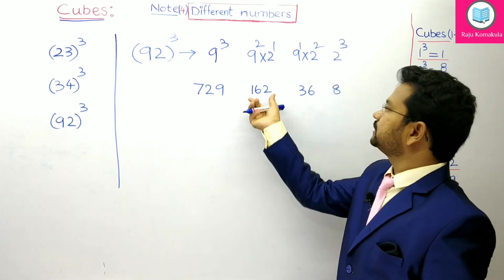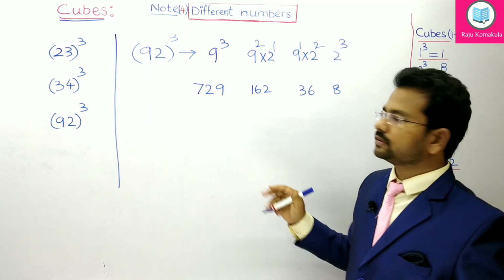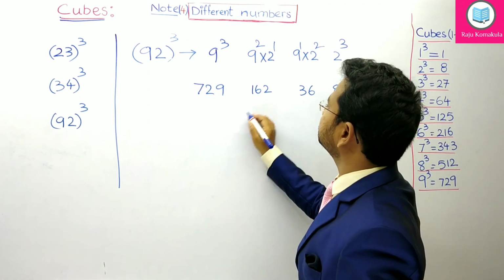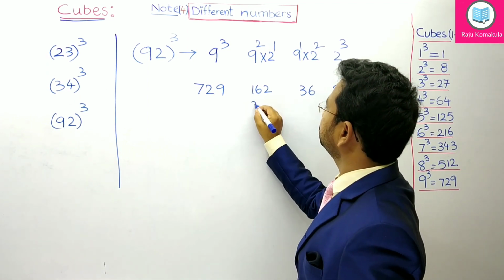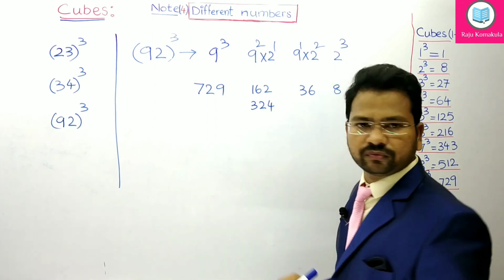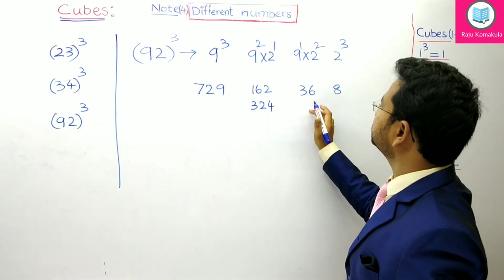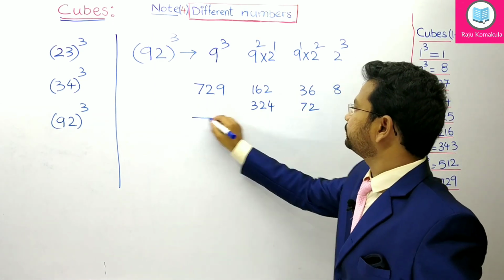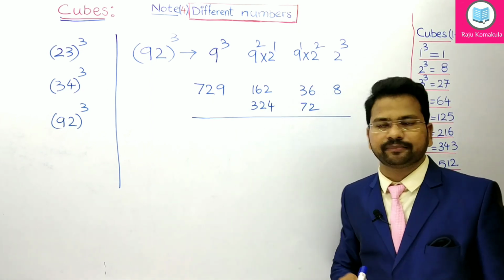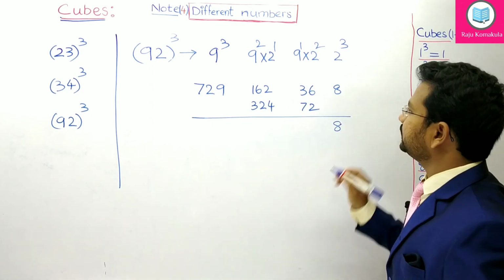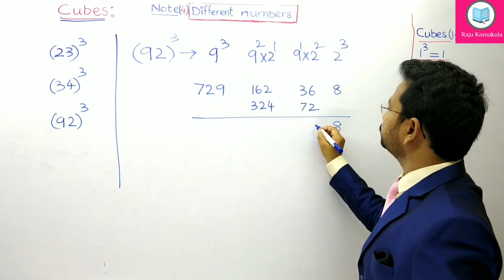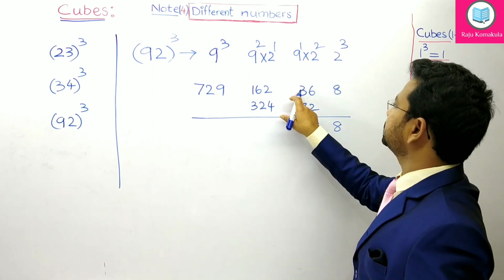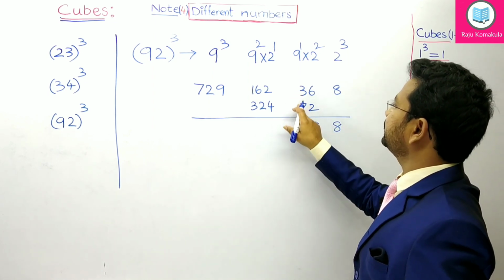Now just double these two numbers. Double of 162 is 324. And double of 36 is 72. Now just add them. Here 8. 6 plus 2, that is 8. 7. 3 plus 7, 10.